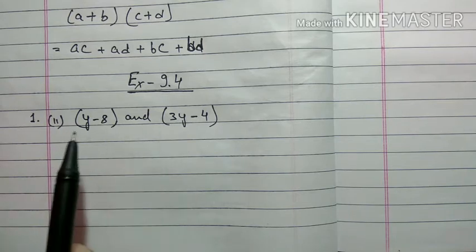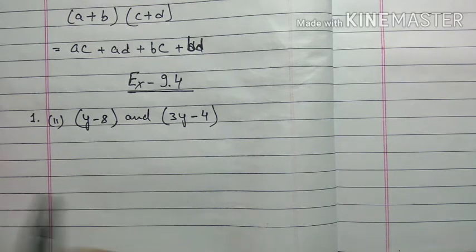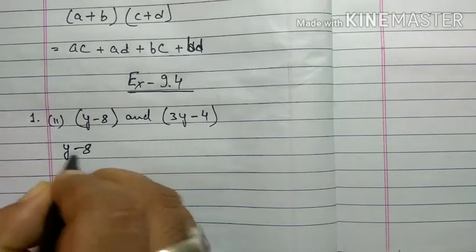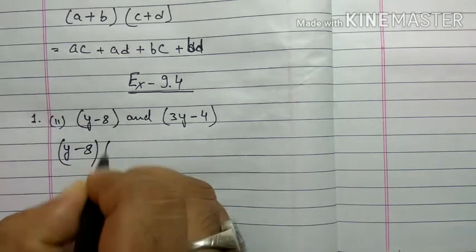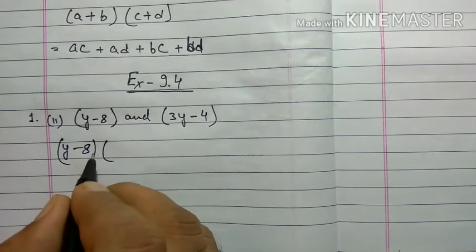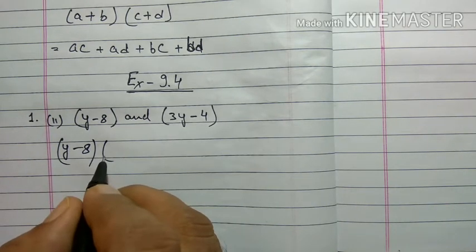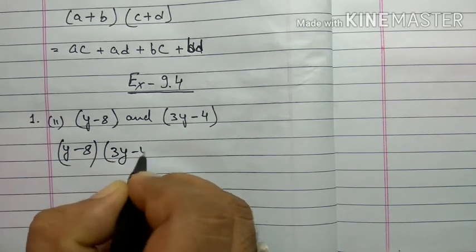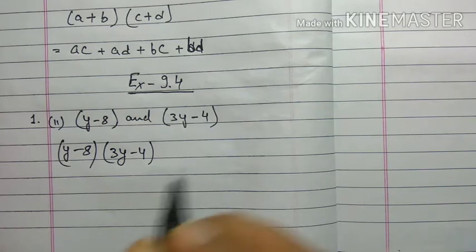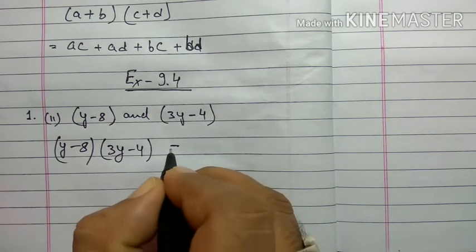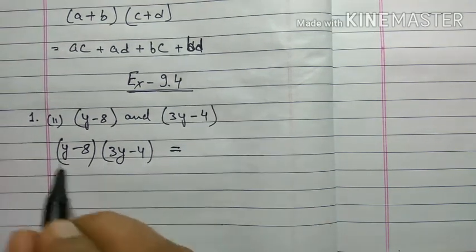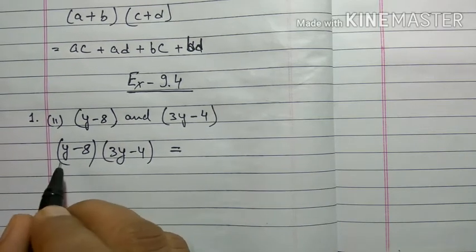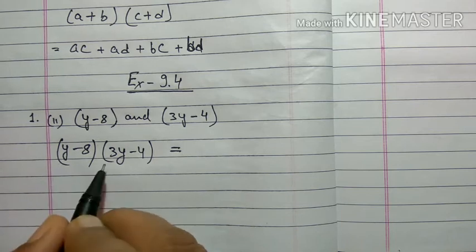We need to do the multiplication of these two binomials. So we will write y minus 8 in one bracket multiplied by, if there is no symbol between two brackets, that means it is multiply, 3y minus 4. Now we are using the FOIL method: first, then outer, then inner, and then last.